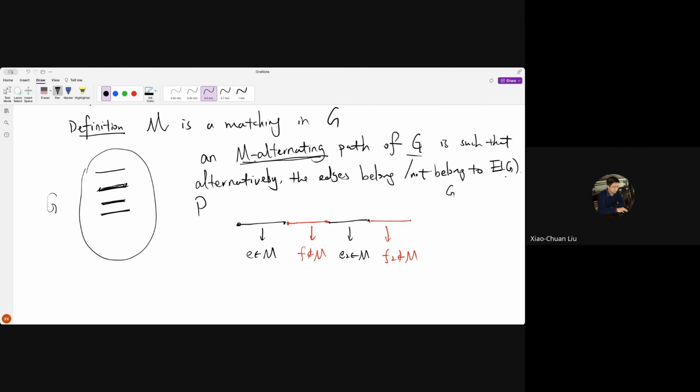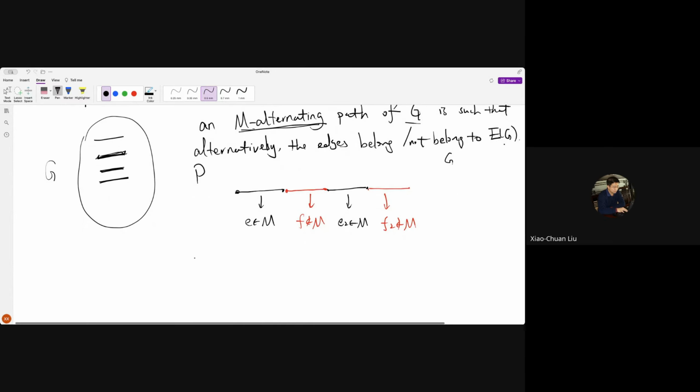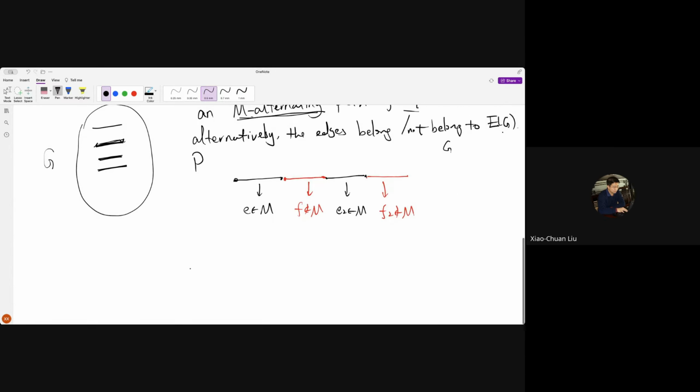Great. So we also talk about an alternating cycle, which is not very different. So you have this E1, and maybe you have some E2. E1 is an edge of M, E2 is not, and maybe E3 is an edge of M, and E4 is not.